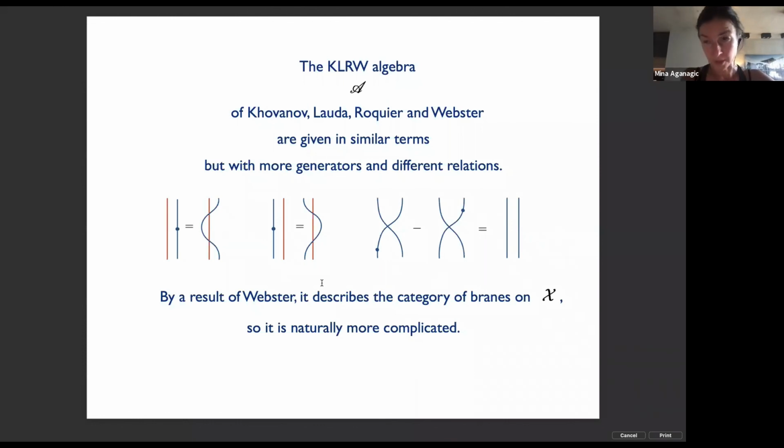By a result of Webster, which is how he proved that his old construction, or this more novel one involving strands in a cylinder, agrees with the derived category of coherent sheaves, this algebra describes the category of branes on the big X. So the fact that there are more homs between the branes is natural because the big X is more complicated.